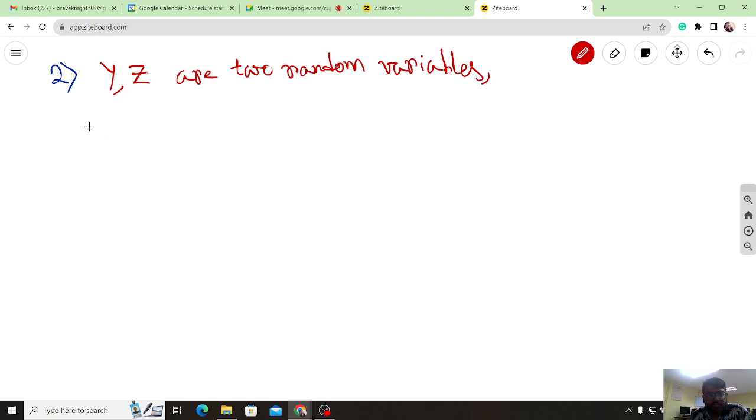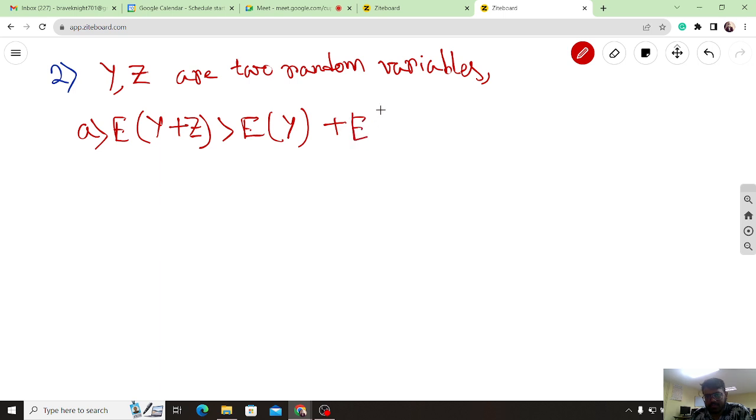Then I'm writing four conditions and you have to comment which of the following is true. The first option is expected value of summation of these two random variables is greater than expected value of y plus expected value of z.